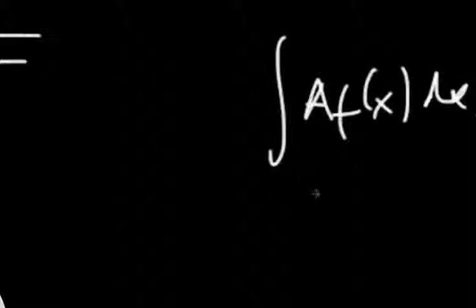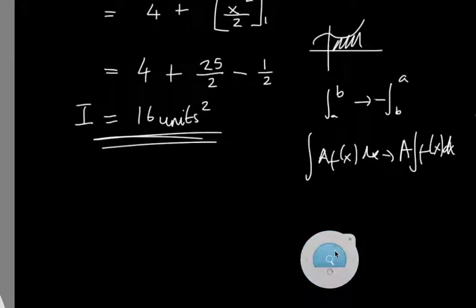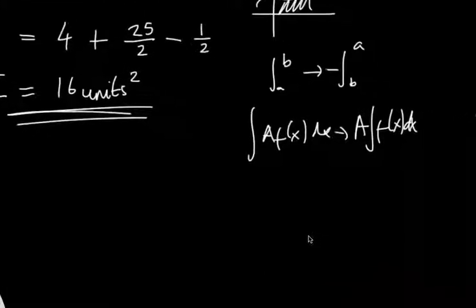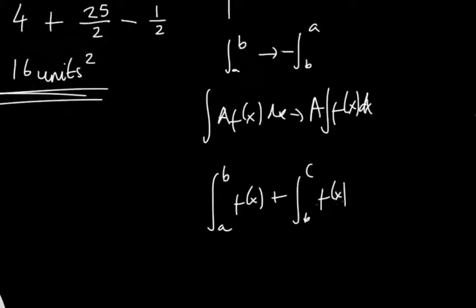Then we saw that if you have the limits from A to B of some function plus from B to C of another function, I'm taking away the dx's for speed, it's the same thing as doing the integral from A directly to C of the same function. From A to B, B to C, it's the same as doing from A to C. That's the third relationship that we used.